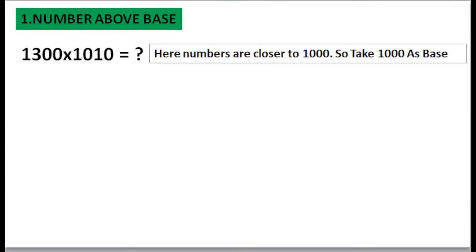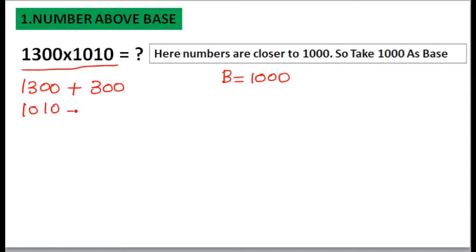So the next example is 1300 into 1010. Here both 1300 and 1010 are nearer to 1000. So your base will be 1000. 1300 is 300 greater than 1000, and 1010 is 10 greater than 1000.